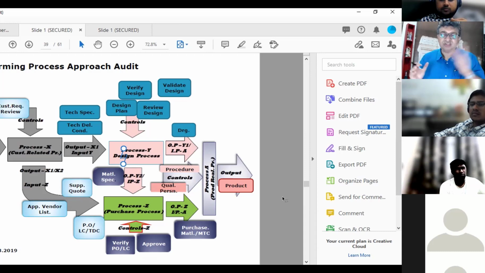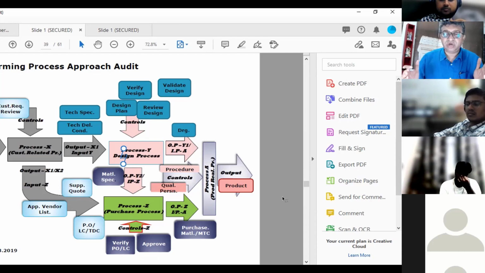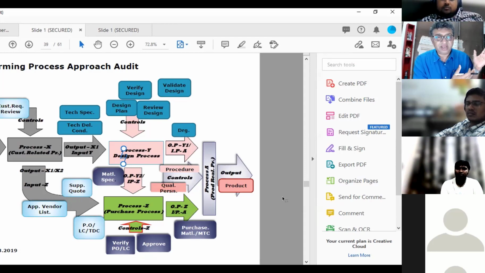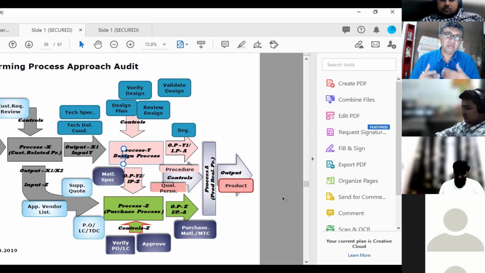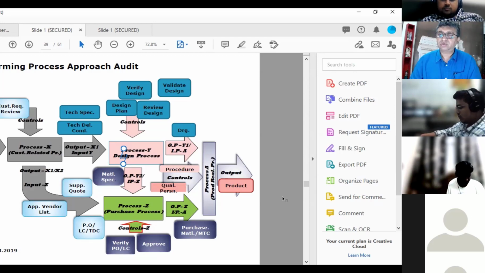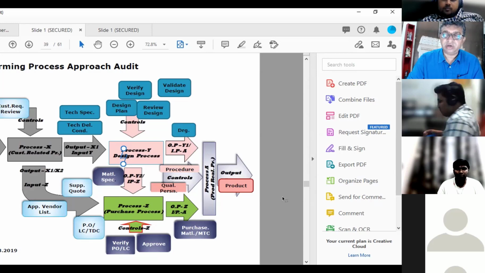There is no way that the customer did not have any of the requirements completed. Everything must have been completed because the finished product is going out, right? Yes. So I am in a position to check everything and I will be able to decide conclusively whether they have complied with all the requirements of the code, standard, or customer. This is called trace backward.